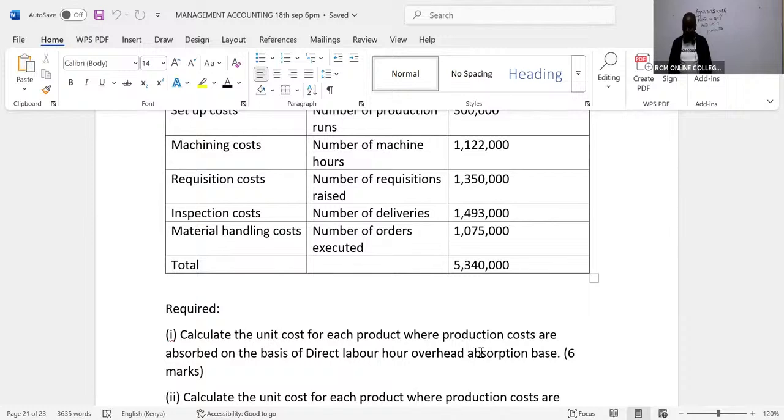6 marks. Now, you see, ladies and gentlemen, even before we introduce this activity-based costing, there is a big difference between activity-based costing and our traditional method. You can see activity-based costing, they are apportioning this total overhead of 5,340,000 into various activities, as we shall be seeing.